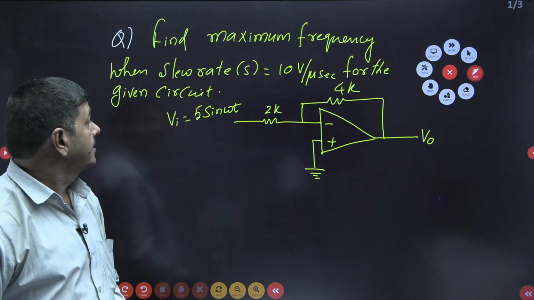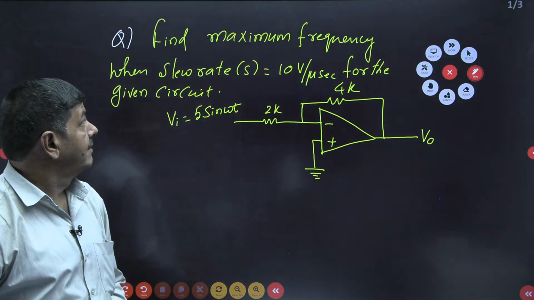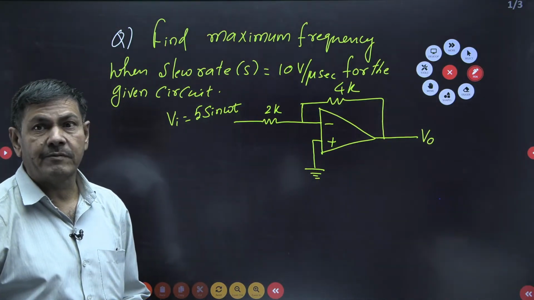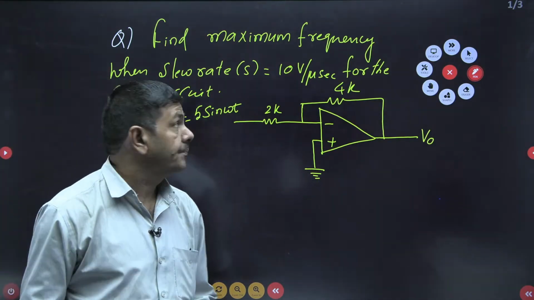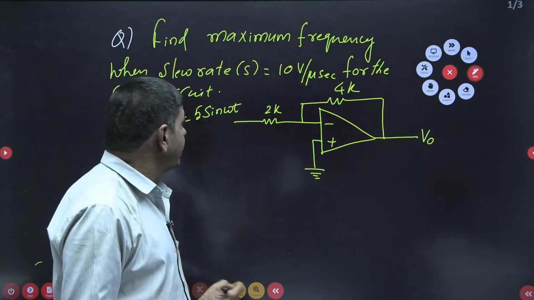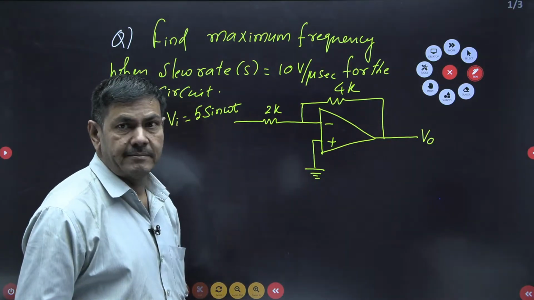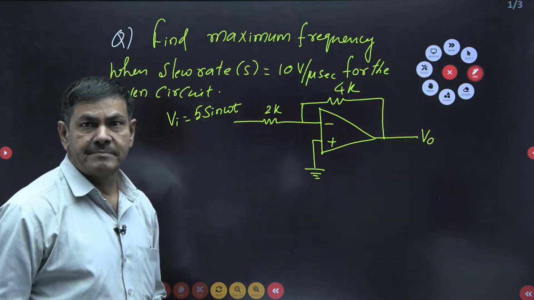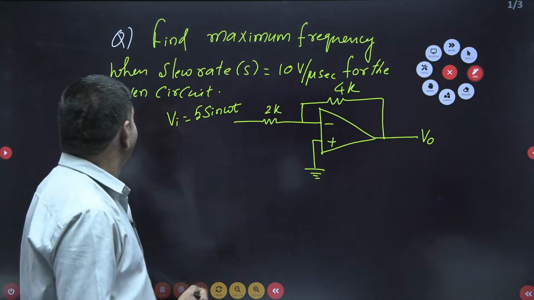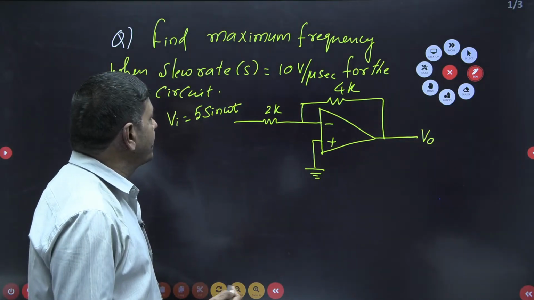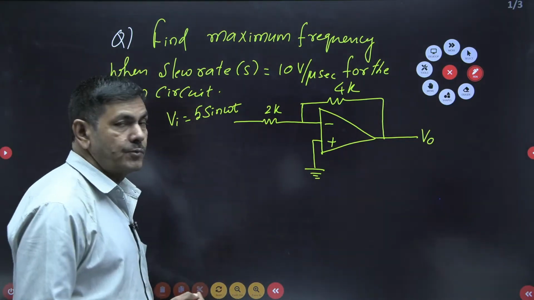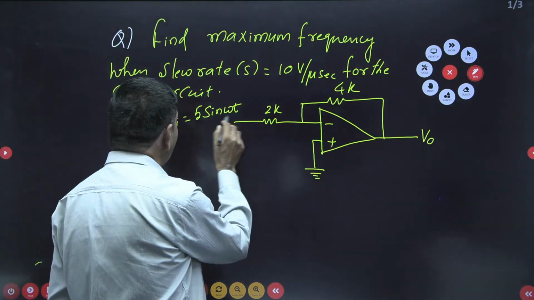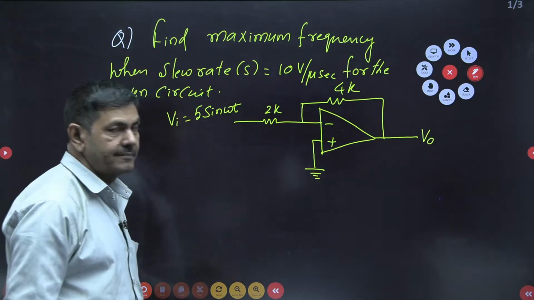What is it asking to find? Find the maximum frequency. Maximum frequency is nothing but f suffix m, when slew rate S equal to 10 volts per microsecond for the given circuit, where the input voltage of this op amp is given 5 sin omega t.